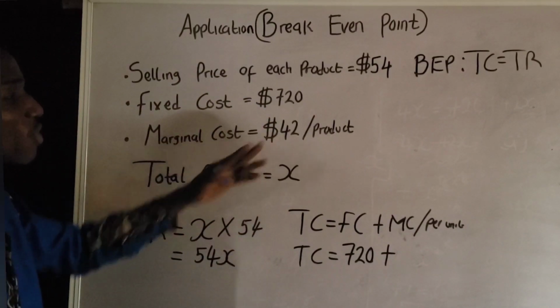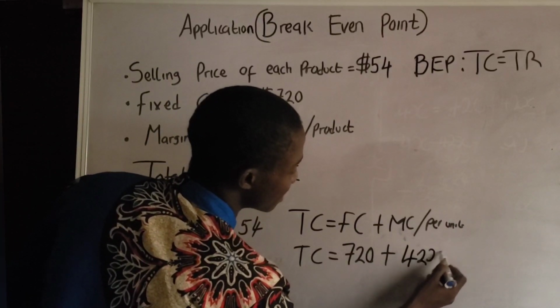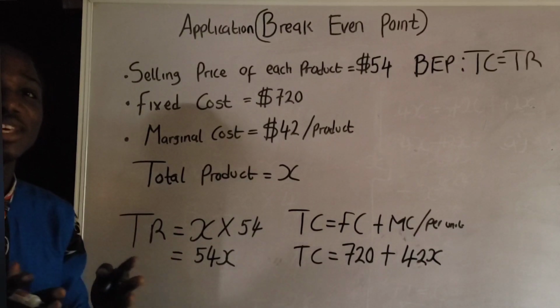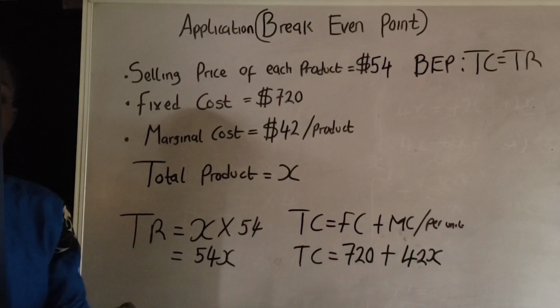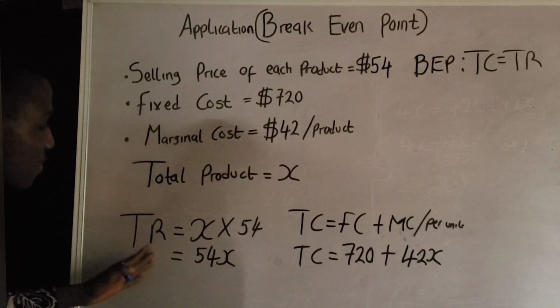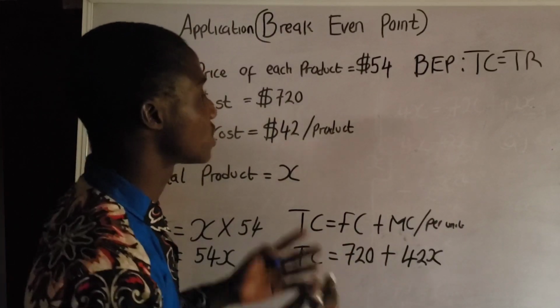The marginal cost is $42 per product, so I'm going to have 42 multiplied by X, that is 42X, because I have represented the amount of product that the firm has to produce to break even as X. So I have calculated the total revenue, which is 54X, and the total cost, that is 720 plus 42X.